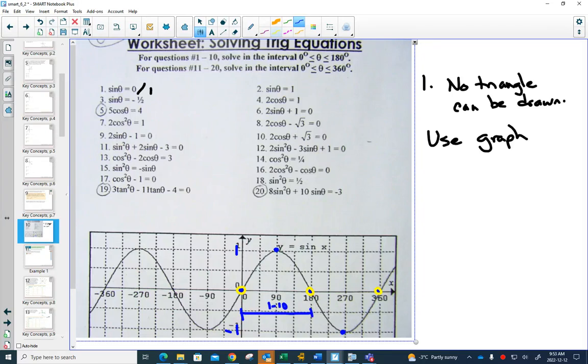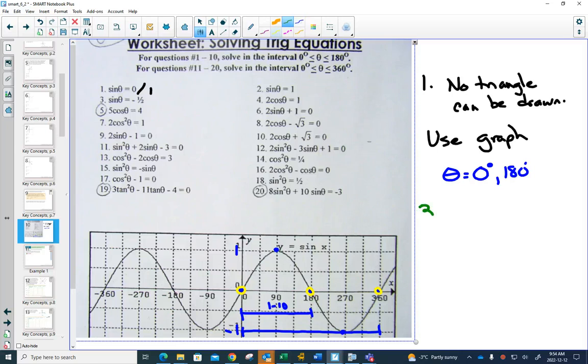For questions 11 through 20, you're looking for all answers. So when it says sine theta equals 0, you would just say, I'm going to use my graph. Theta is equal to 0 degrees and 180 degrees. You would do the same thing for question number 2.